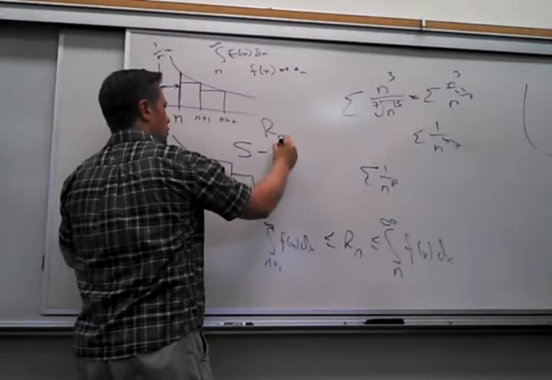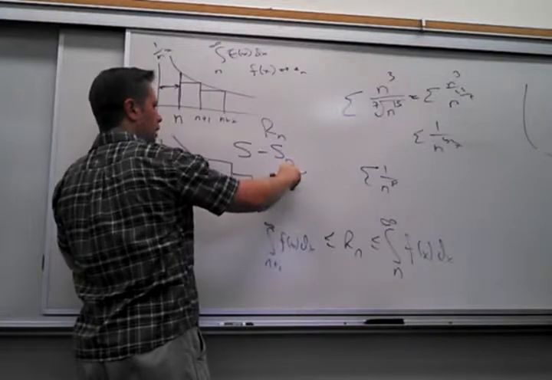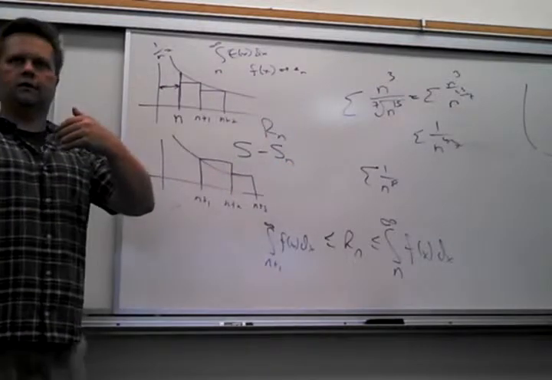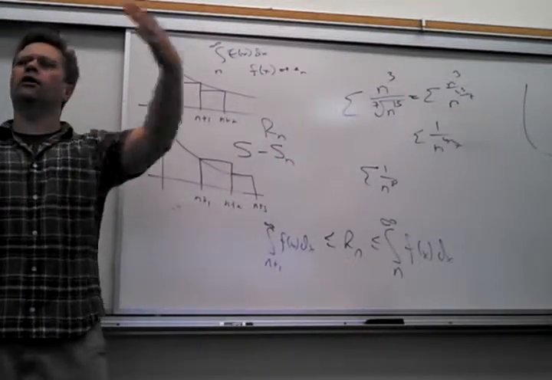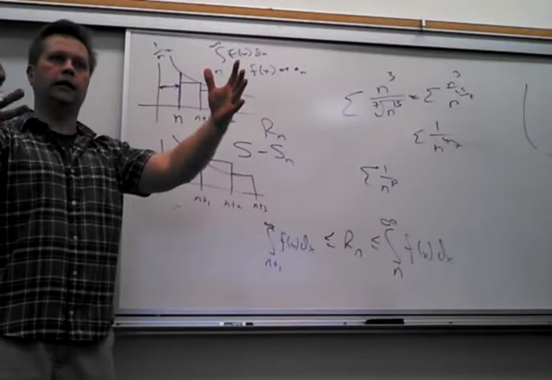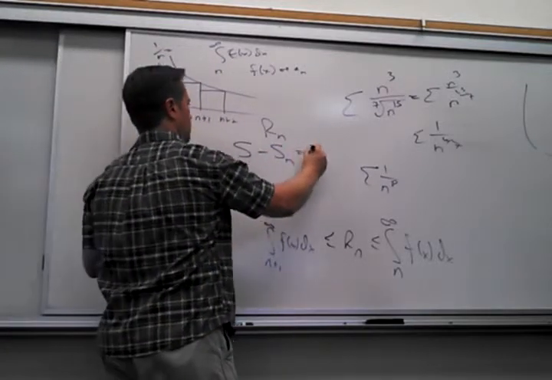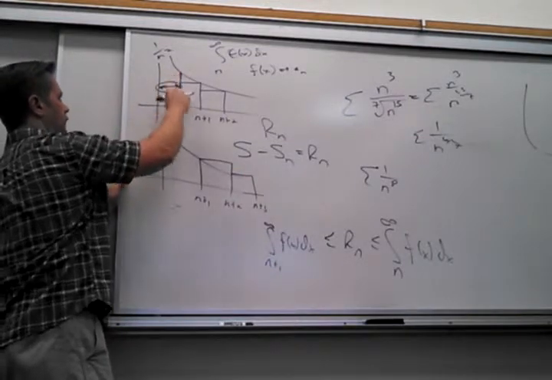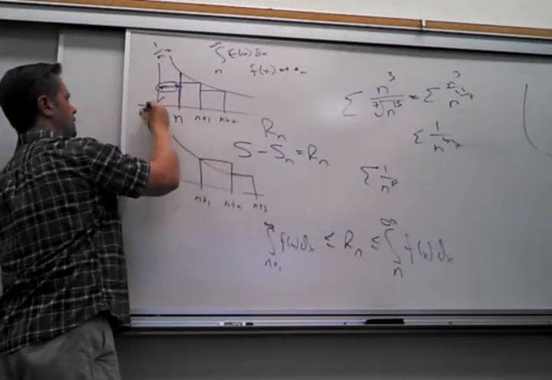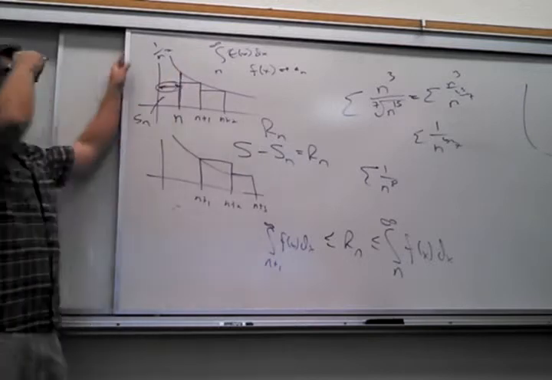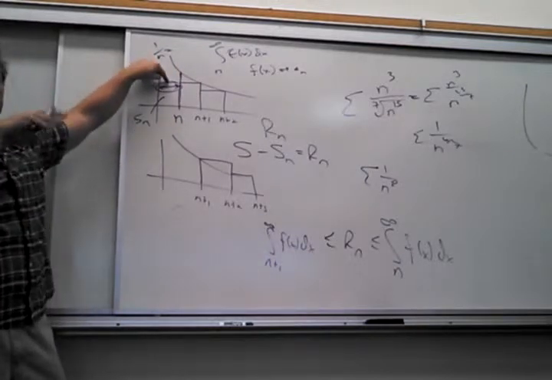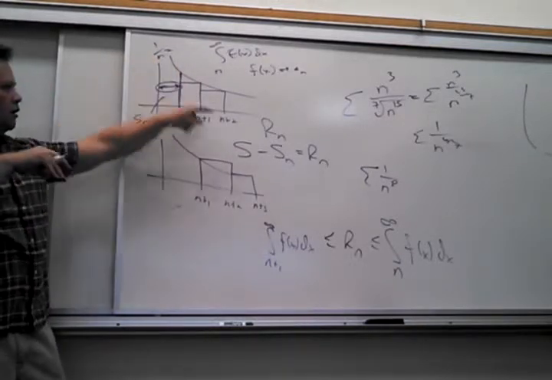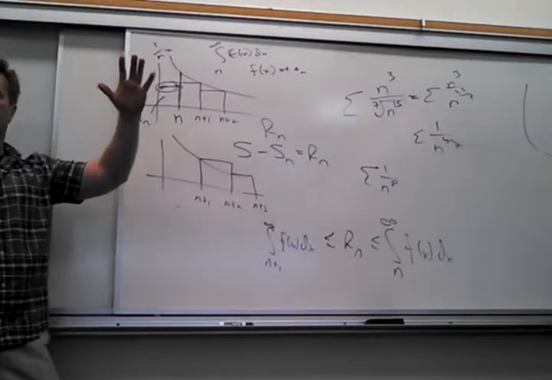If I only go out to Sn, so if I only go out 4 or 5 or 6 steps, then I haven't gotten all the way to S yet, because for S I have to go to infinity. If I subtract those, that's what Rn is. So if I use just the first n terms, that'll be Sn, to figure out what the sum is, then Rn is how much I'm off by from the real sum.